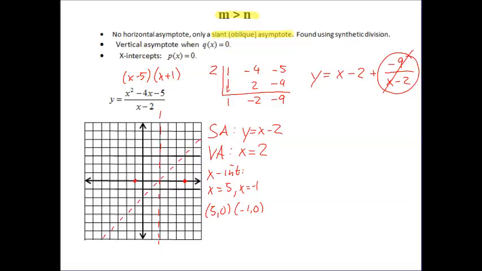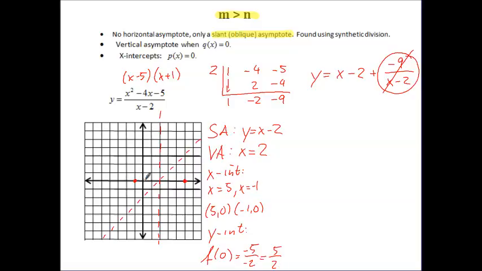Let's find one more point, and that's the y-intercept. The y-intercept f of 0 is where x is equal to 0, and if that's the case, this term disappears, this term disappears, this term disappears. We get -5 over -2, which is simply 5/2 or 2.5.